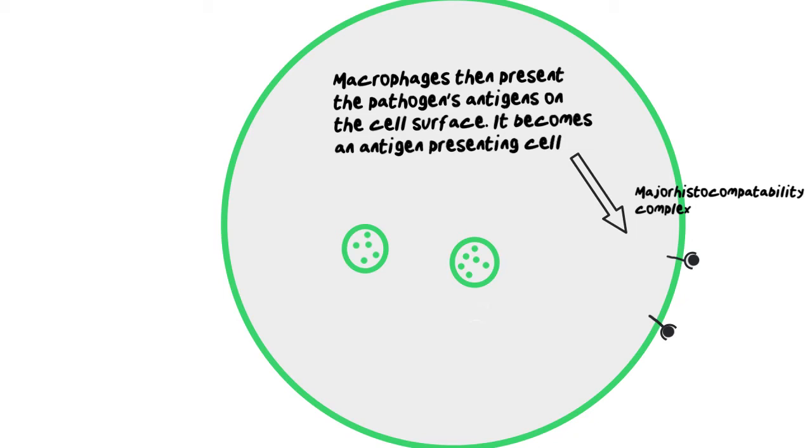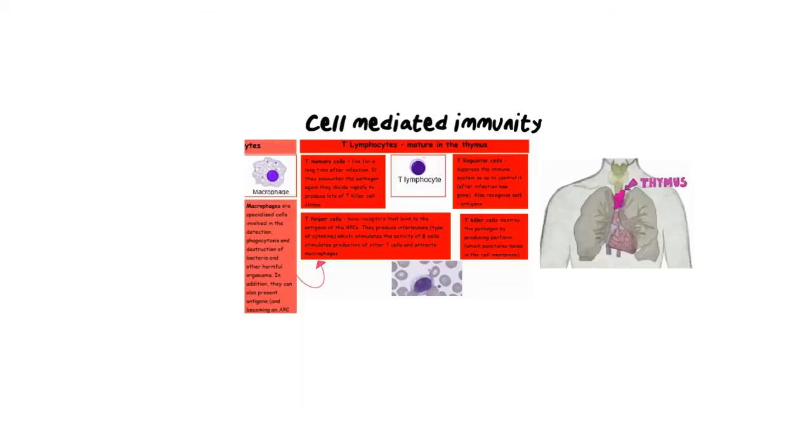So the presence of these proteins on the cell surface allows the presentation of the antigens from the pathogen. This cell is now called an antigen presenting cell. And as I said, it is specific to macrophages rather than neutrophils. We'll talk about antigen presenting cells a little bit later.